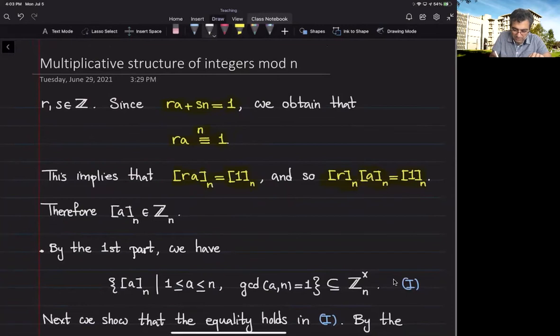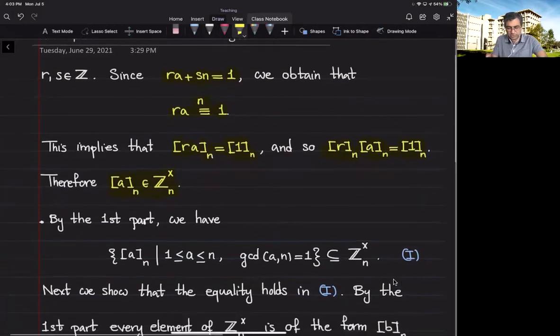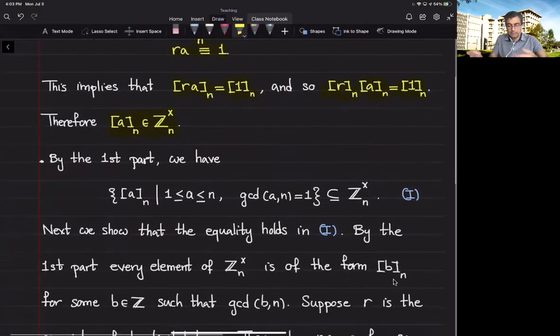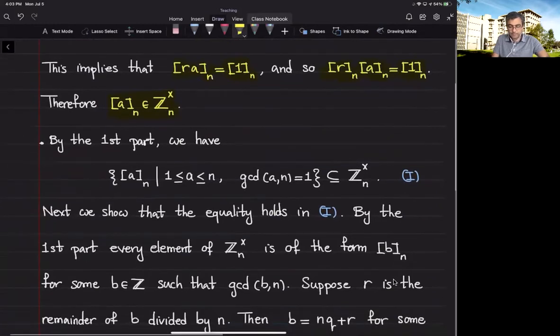There is a cross missing over here. That implies that this is a unit in integers mod n. Okay, now the first part implies that the left-hand side is a subset of the right-hand side, and now we showed the other way around, and therefore we get equality.